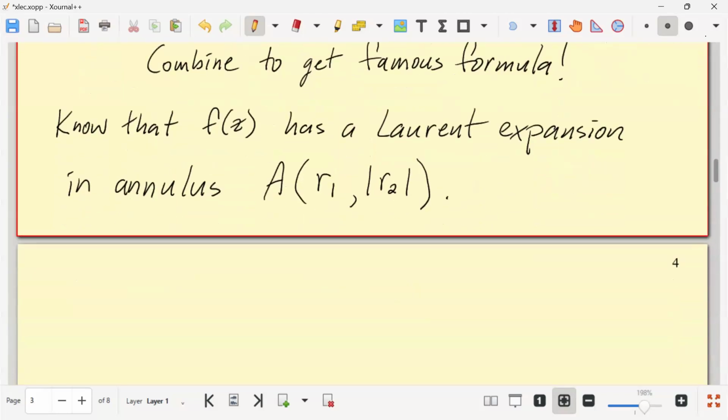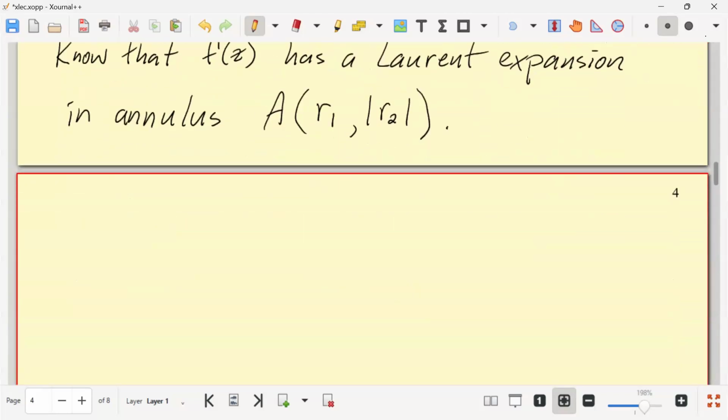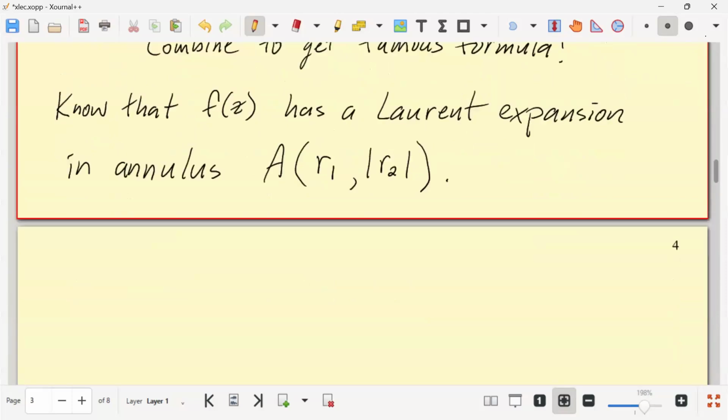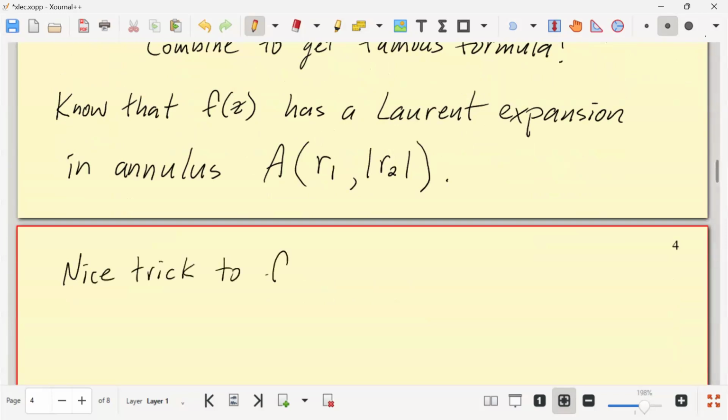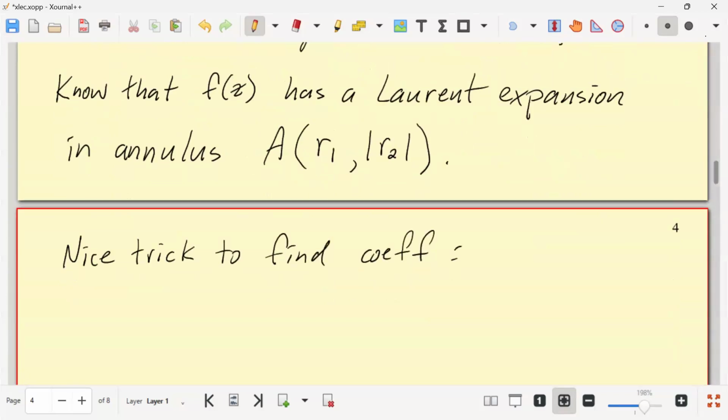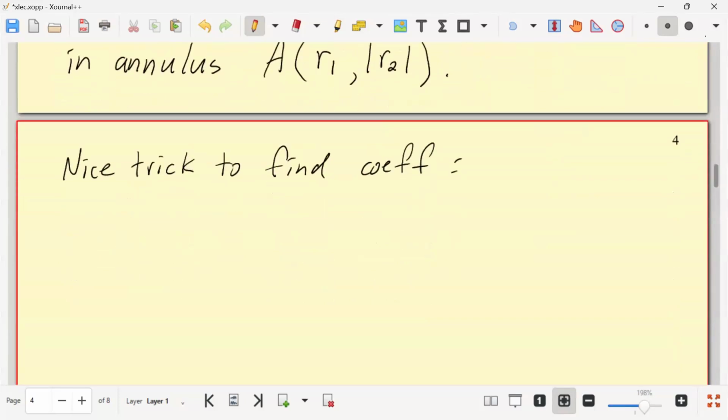So, we had these integral formulas for the coefficients. So here's a nice trick. When you have something explicit here, nice trick to find the coefficients. So I don't have to use all those integral formulas and play around with the residue theorem. It would be kind of excruciating.